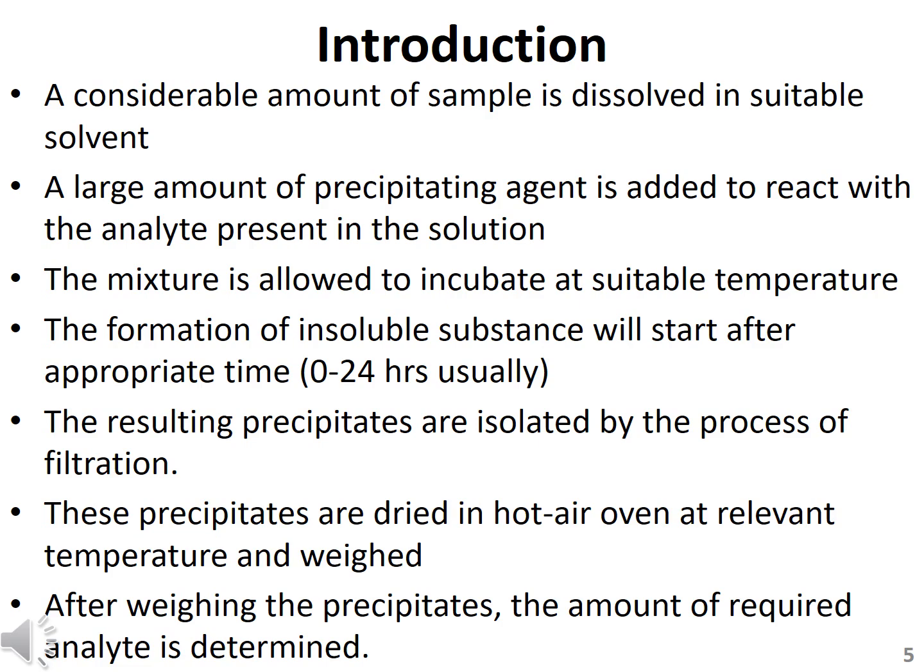And the temperature of the hot air oven is very important, as if we are working at a higher temperature, then the higher temperature will burn the precipitates, and if we choose a lower temperature, then this lower temperature will take a lot of time to dry these precipitates.